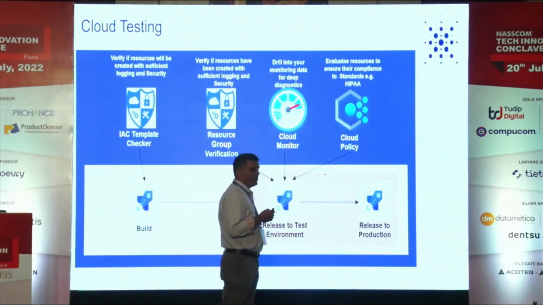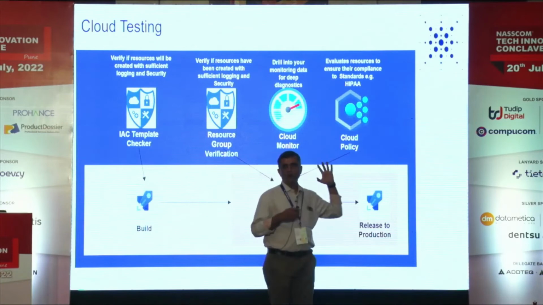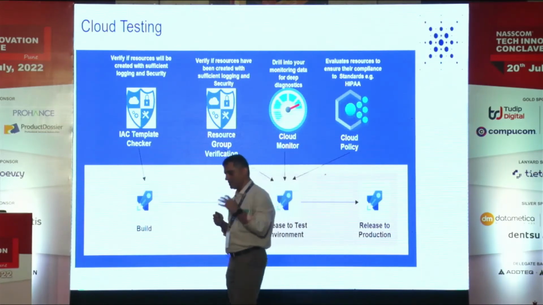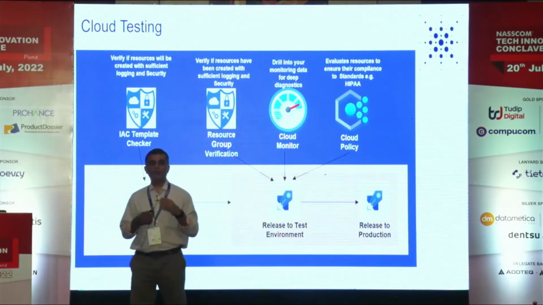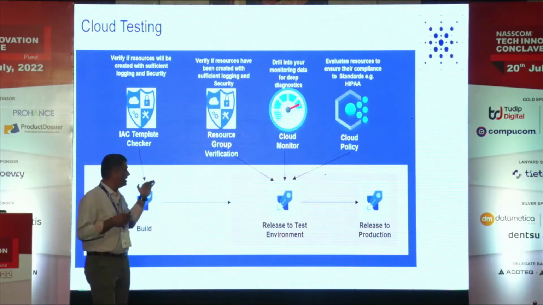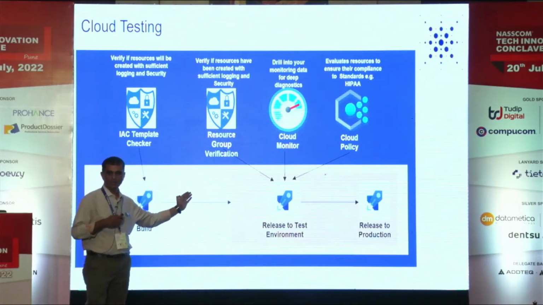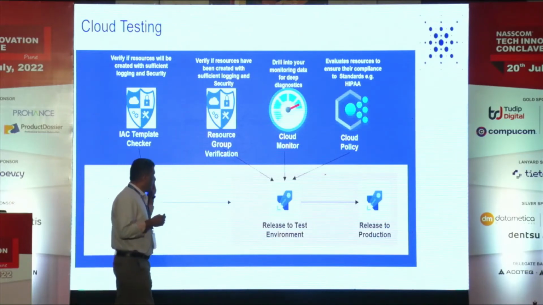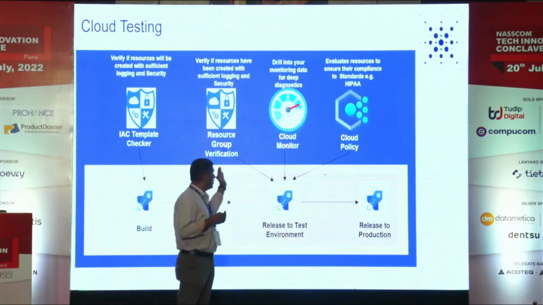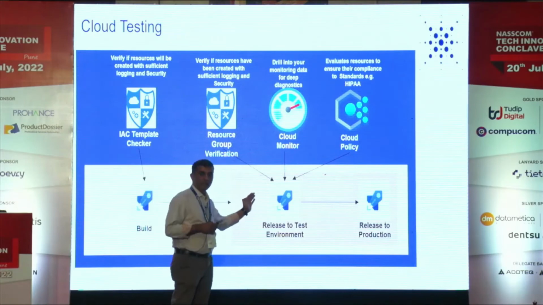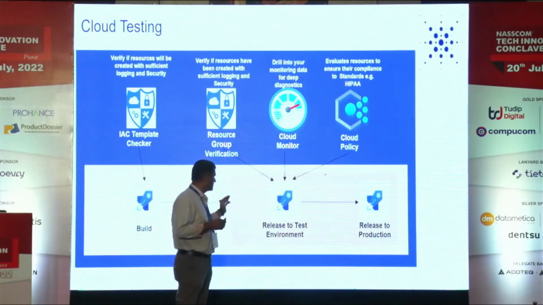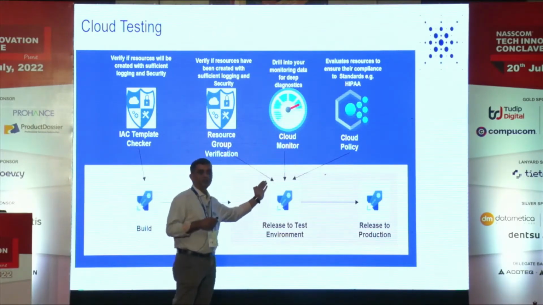Here, the best part is that all of this, which I just mentioned, can be completely automated and integrated into my DevOps pipeline as quality gates, so that I can assure that all these tests which are defined by me automatically pass before I release anything to production.